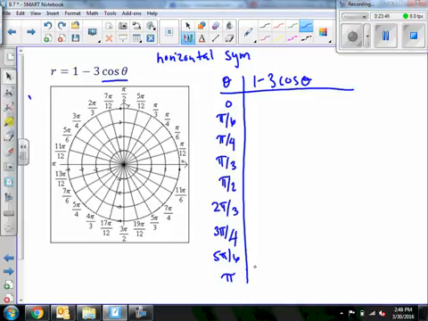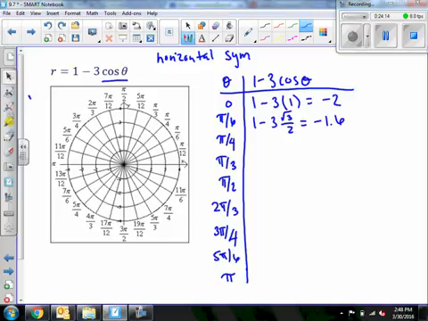Alright, so this is going to be 1 minus 3 cosine of 0. Cosine of 0 being 1, so this is 1 minus 3, or negative 2. This is going to be 1 minus 3 times cosine of pi sixths. Cosine of pi sixths being radical 3 over 2, which equals negative 1.6 when you actually plug it in.